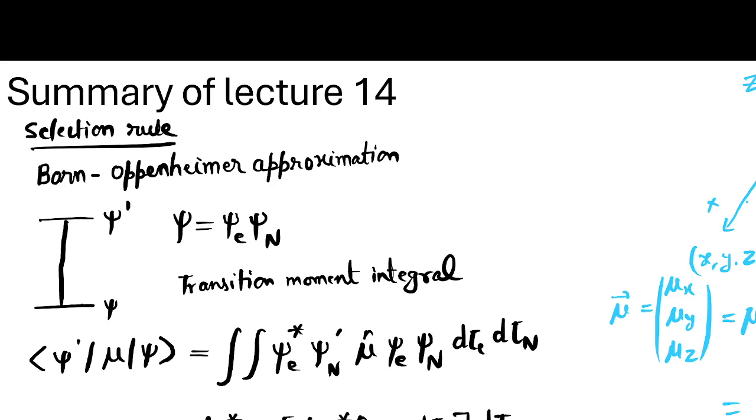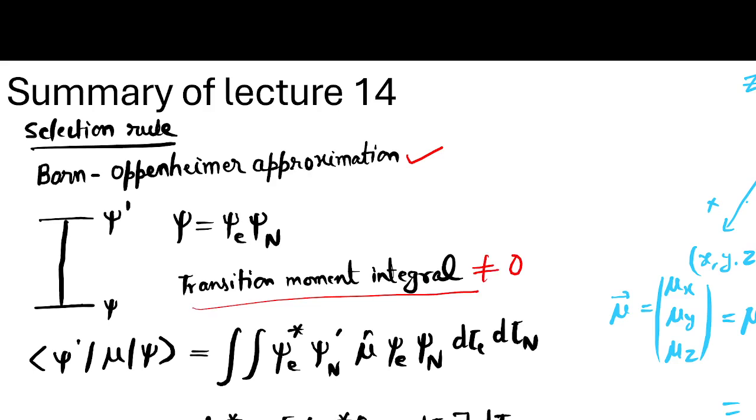Okay, so a summary of lecture 14. We saw they are using the Born Oppenheimer approximation. For any transition to become allowed, this transition moment integral must be non-zero. This cannot be zero.